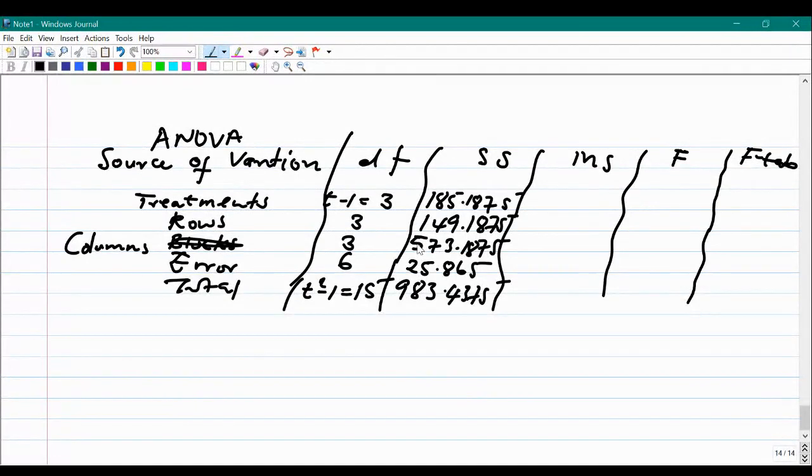The F tabulated, I check for 3 and 6. It's 4.76. So this value will accommodate the testing for rows, columns, and the treatments.